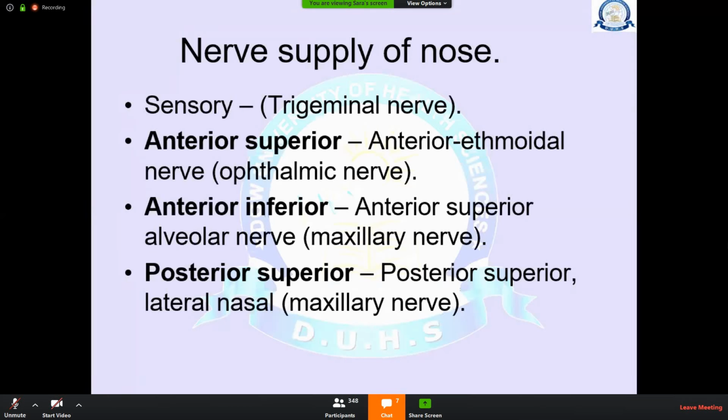Therefore, that area is prone to bleed, and in younger children, due to excessive heat, or even in people with high blood pressure, like who have a sudden increase in blood pressure, that is the area where bleeding might occur, and that is known as epistaxis.